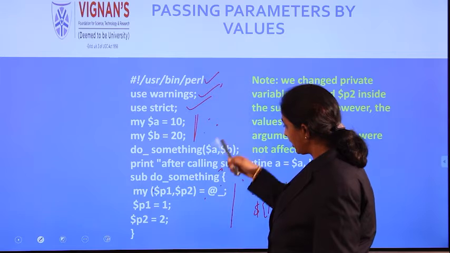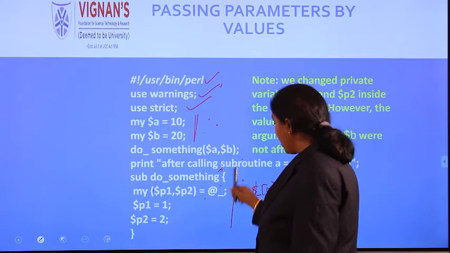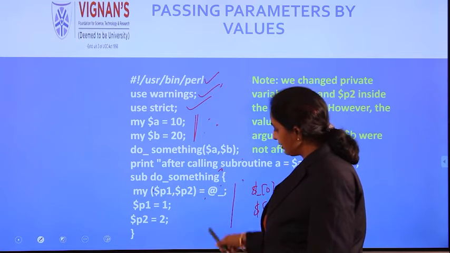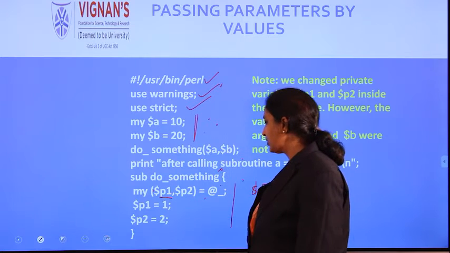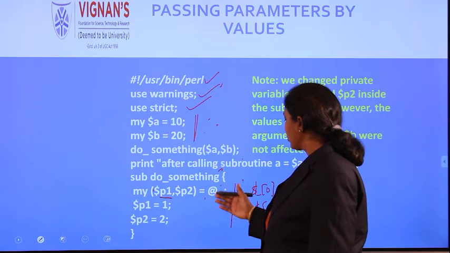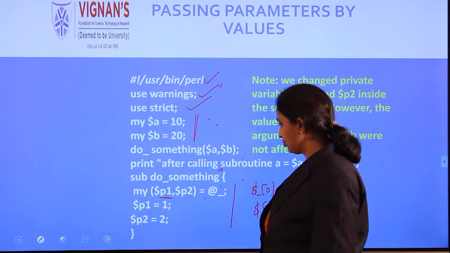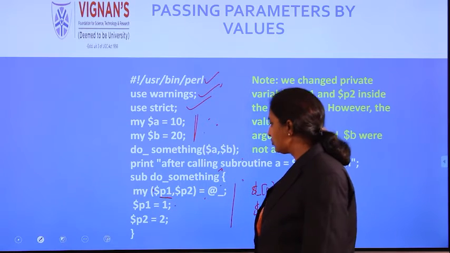That means you are creating another set of variables inside the function. This is not there in the reference case. Here this is a value case. That's why you are creating your own set of variables P1 and P2 that are initialized from the array @_. Now you are initializing P1 with 1, P2 is equal to 2.